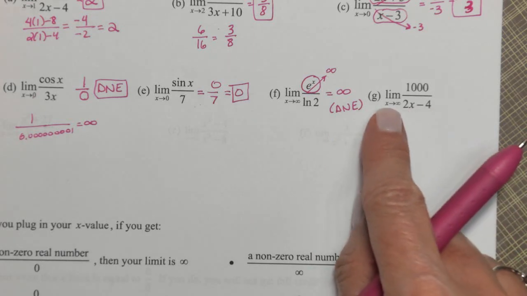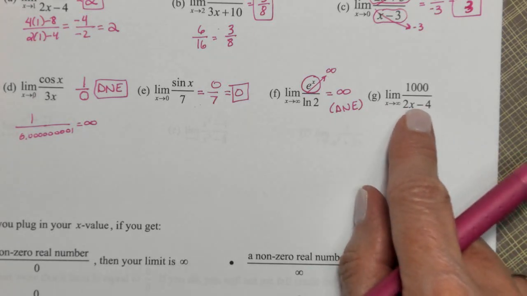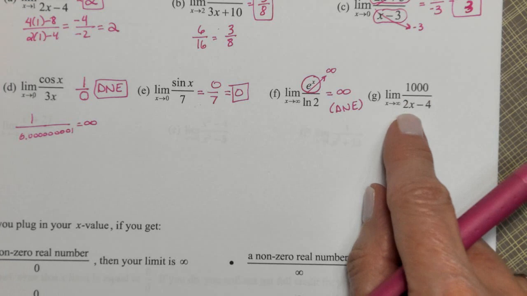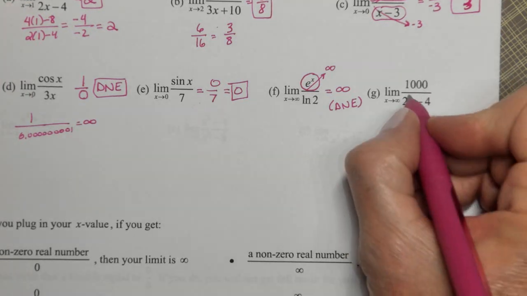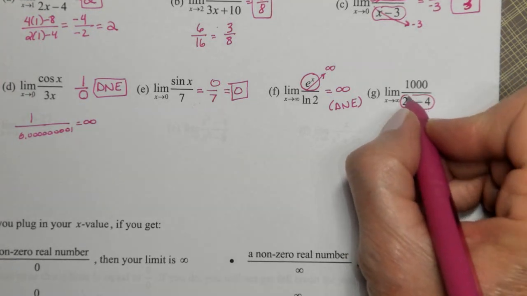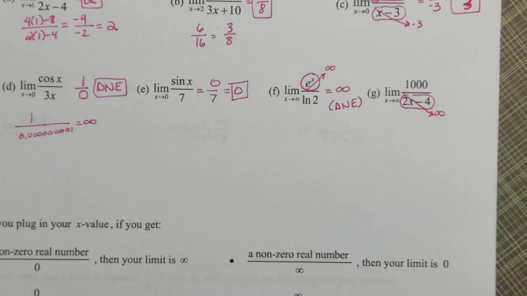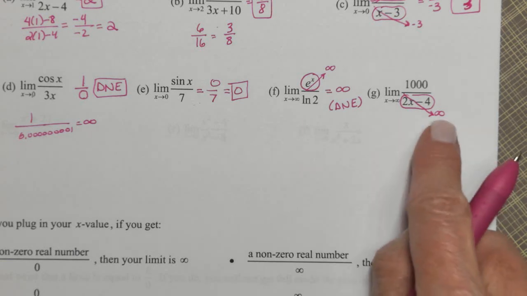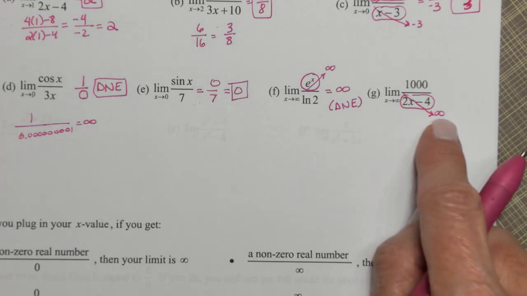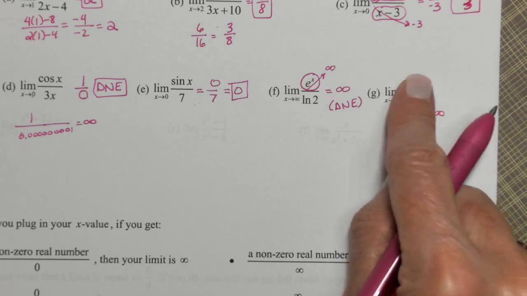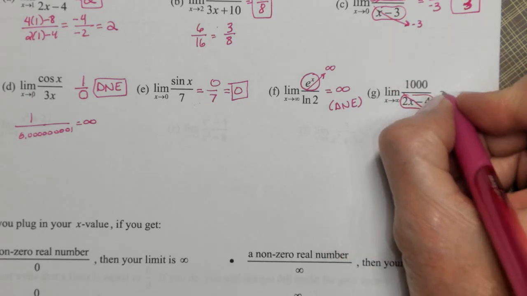Let's take x to infinity, and this time we have 1,000 divided by, and our x is down here. So the bottom is going to infinity. If I take 1,000 and I divide by a huge unbounded number, this whole thing will be going to 0.